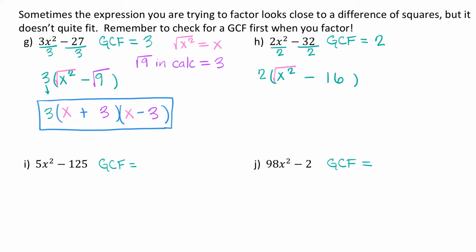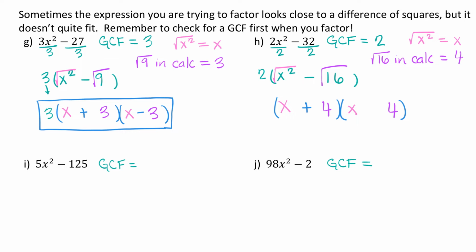The square root of x squared is x, so that goes at the beginning of both sets of parentheses. The square root of 16 is 4, so that goes at the end of our parentheses. One is a plus, one is a minus. Don't forget the GCF at the very beginning. You have to include that in your answer.